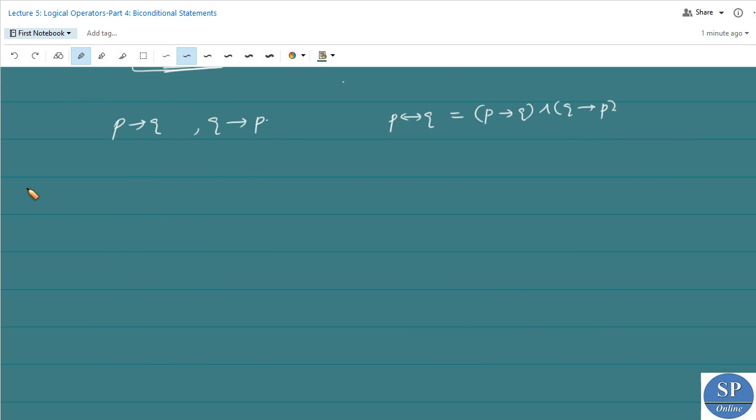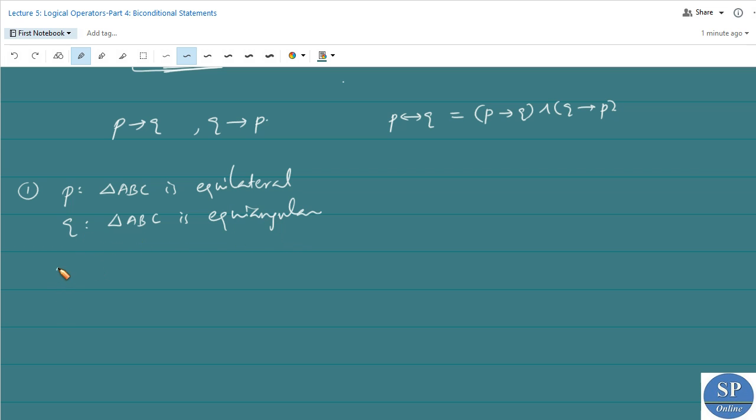For example, consider the propositions: P is the proposition triangle ABC is equilateral and Q is the proposition triangle ABC is equiangular.